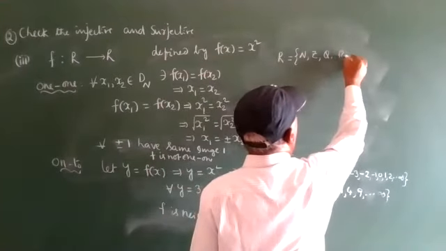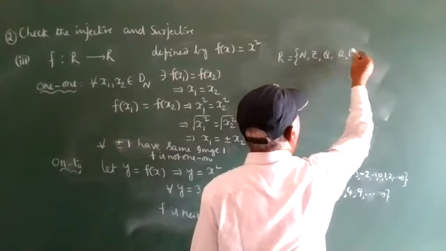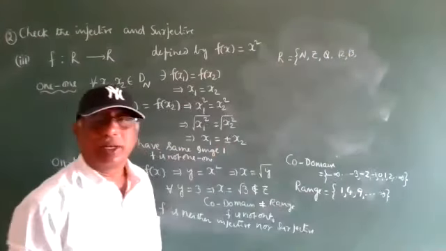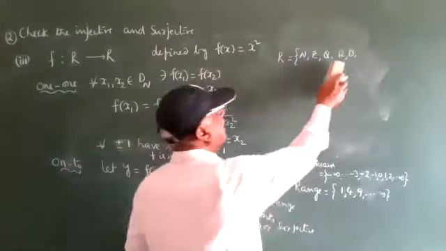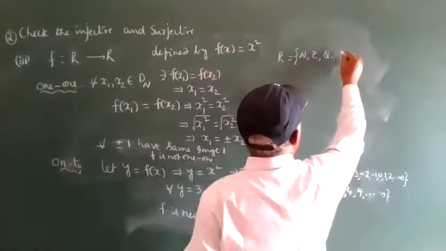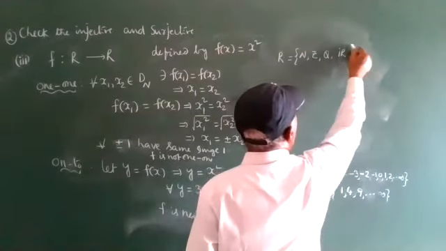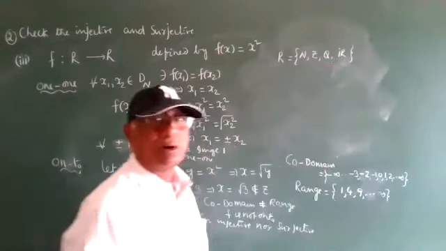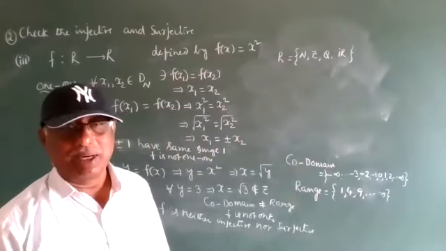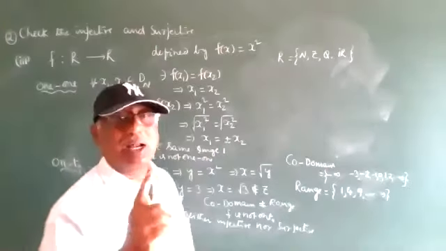Irrational numbers, root 2, root 3, are also real numbers. All such numbers are called real numbers. Okay? Is it one-one or not one-one?